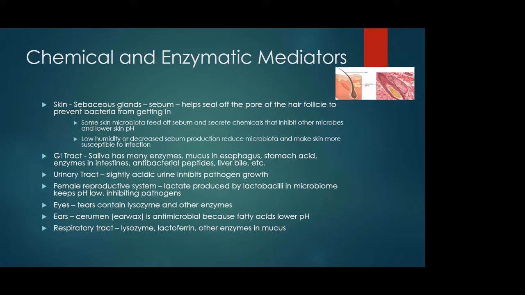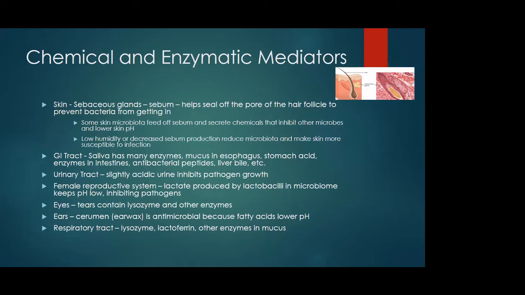Right, in the GI tract, we have lots of defenses against GI pathogens. Our saliva has many different enzymes, including lysozyme, to break down pathogens. We've got mucus in our esophagus. Your stomach acid does a very good job of killing a lot of things that come into contact with it because the pH is so low.